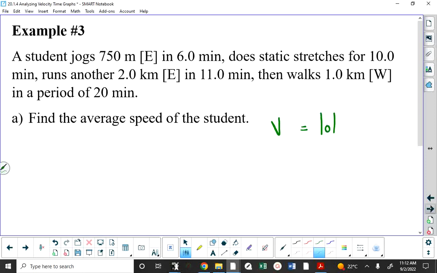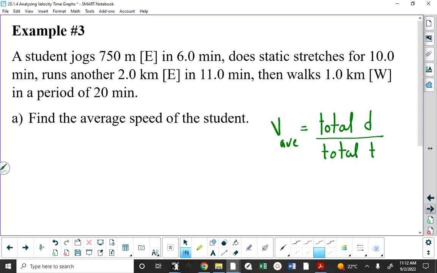I'm going to give you a different variation of the formula speed equals distance over time. Average speed is total distance over time. You just add up all the distances and you divide by the time. That's all.